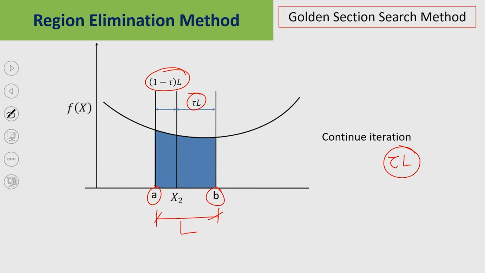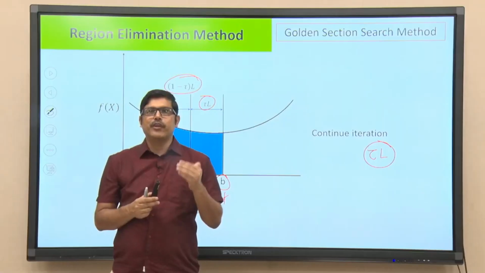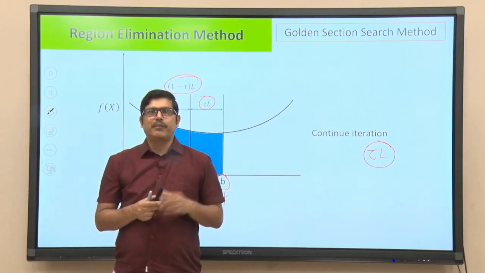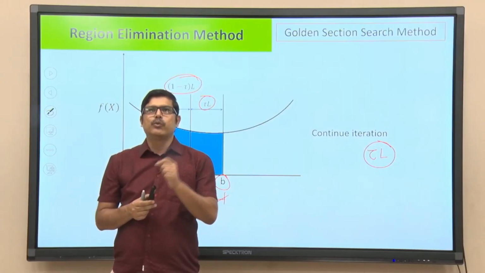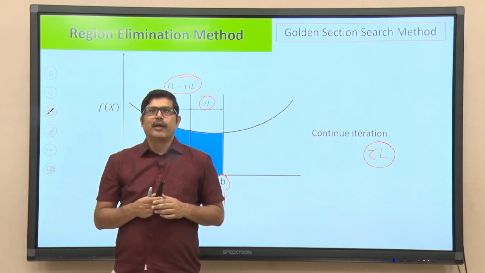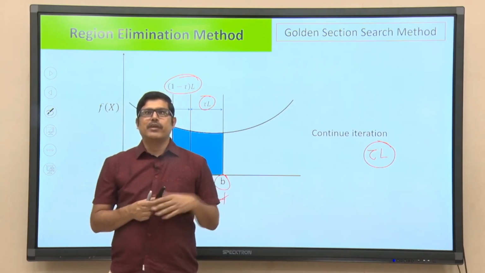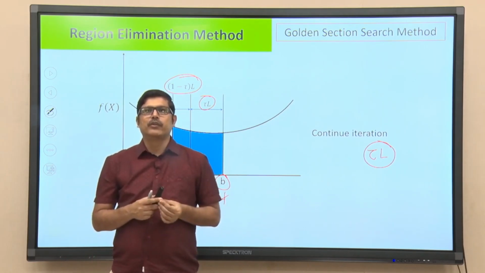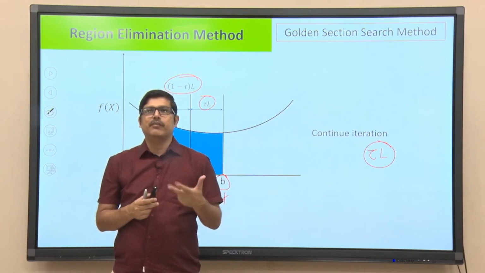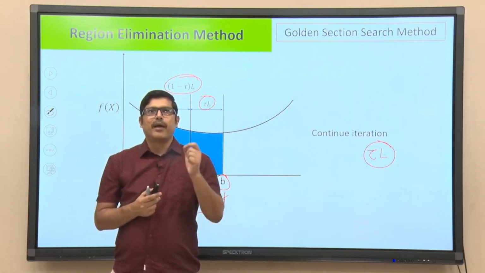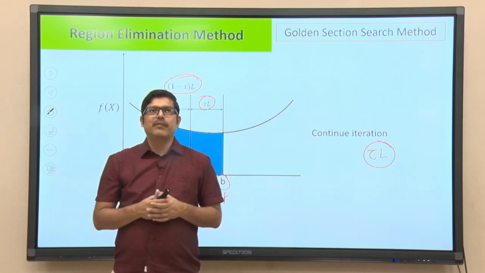Now, look at the interval halving method. In the first iteration you are doing 3 function evaluations, that is at x1, x2 and xm, and from the second iteration itself we are doing 2 function evaluations in case of the interval halving method. And how much region am I eliminating?